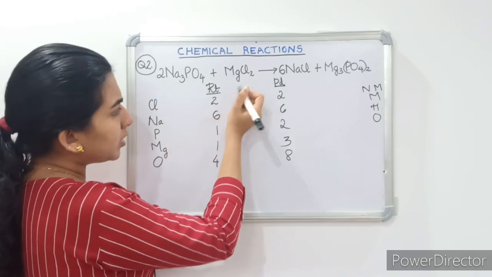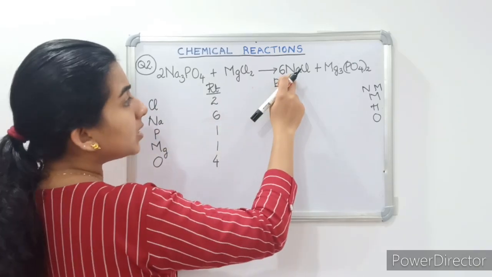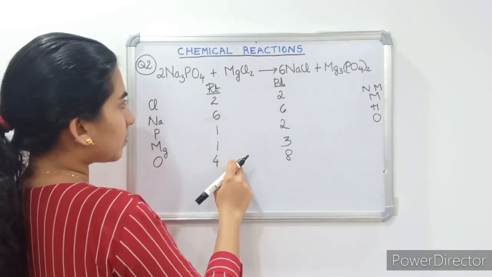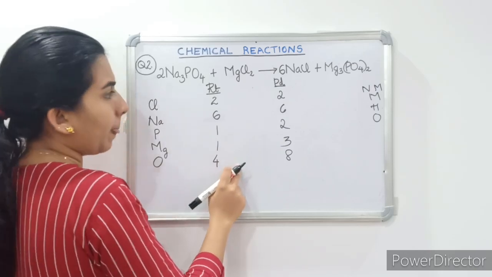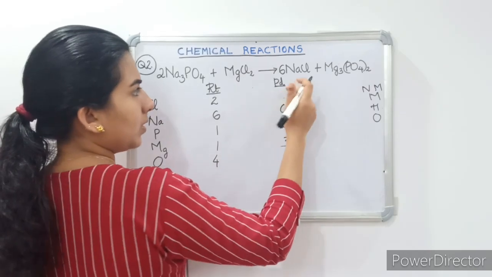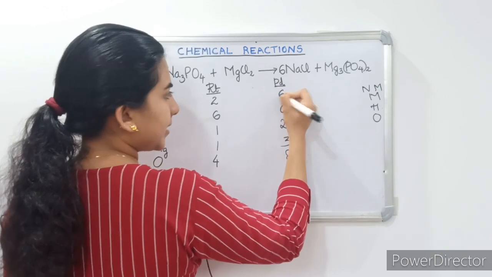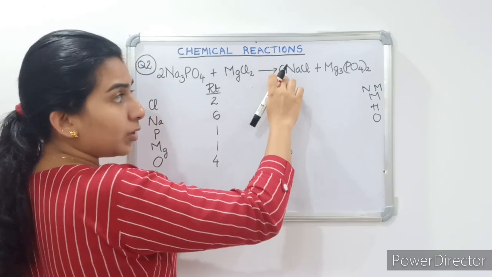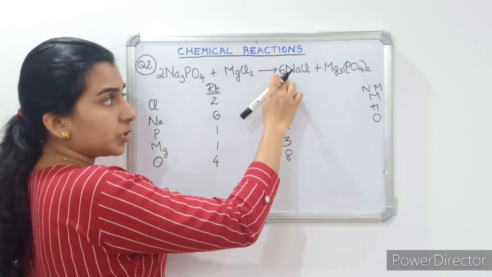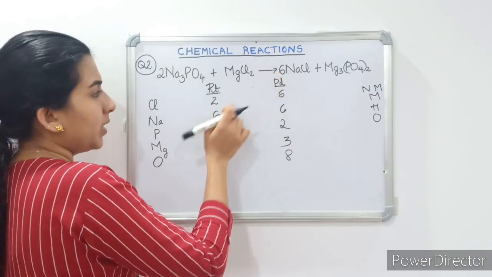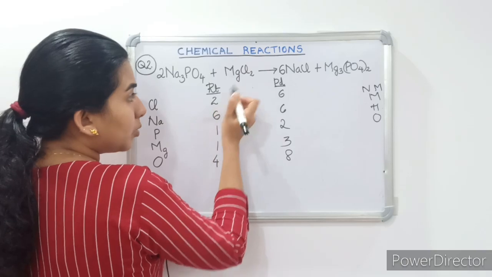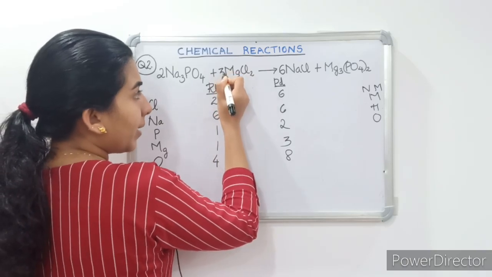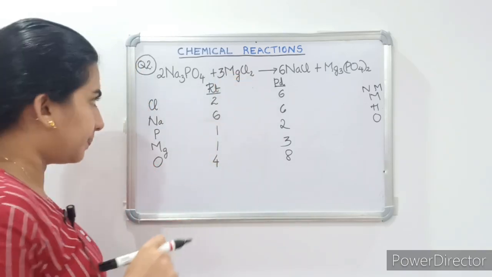In the case of chlorine, it is 2 on the reactant side, but it is 6 on the product side. So adding 6 here, 6 on the product side, because we have written a coefficient 6 for balancing sodium which is effective for chlorine also. So making this 2 into 6 is easier by adding a 3 as a coefficient here.